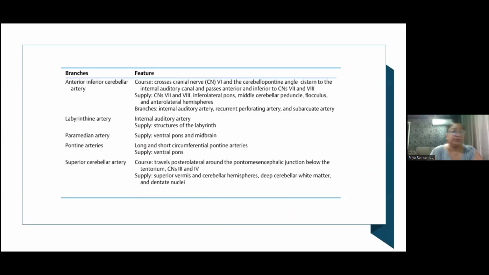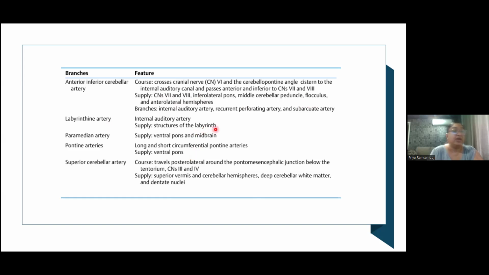Okay. Now, this table summarizes beautifully everything that we basically need to know about all of these branches. The one that we're going to definitely talk about would be the posterior cerebral arteries, or PCAs as we know. It supplies cranial nerves 7 and 8, or pons, middle cerebellar peduncle, anterior lateral hemispheres. Of course, the labyrinthine artery goes to supply what?